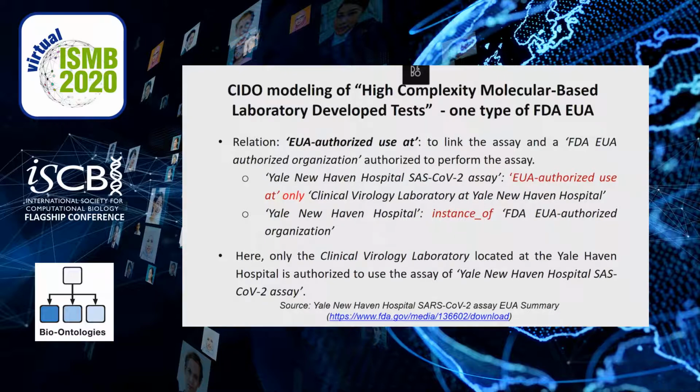We created a relation called EUA Authorized Use At to link the assay named Yale New Haven Hospital SARS-CoV-2 assay and the location, Clinical Virology Laboratory at Yale New Haven Hospital. The Yale New Haven Hospital is an instance of FDA EUA authorized organization. This data source is from the official EUA summary from FDA's website.